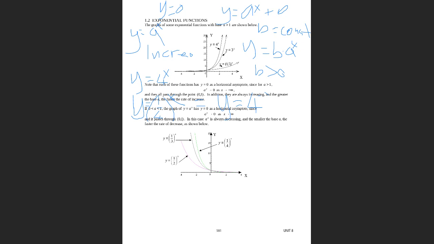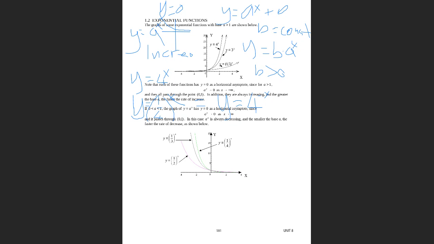Now this graph is a decreasing function. When you plot a graph like this, it is going to look like this, in the sense that as x approaches positive infinity, y will approach 0, the asymptote. And as x approaches negative infinity, y will approach positive infinity.